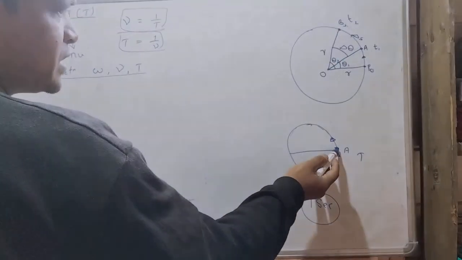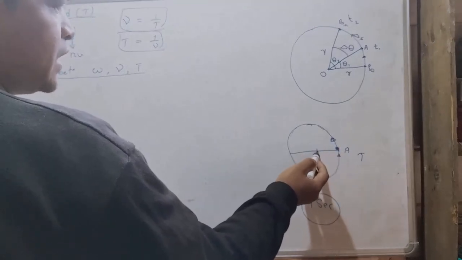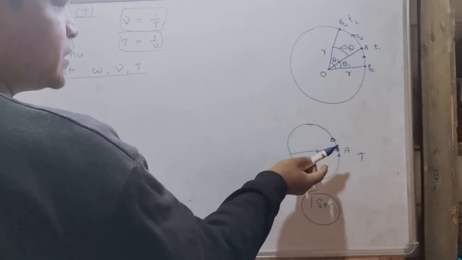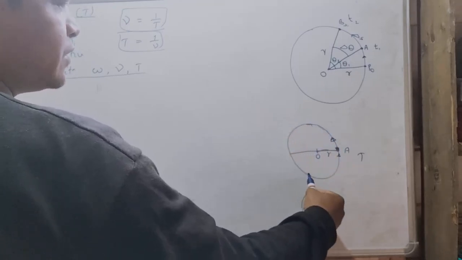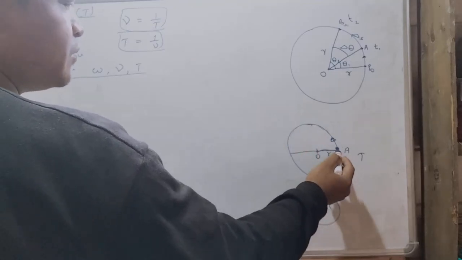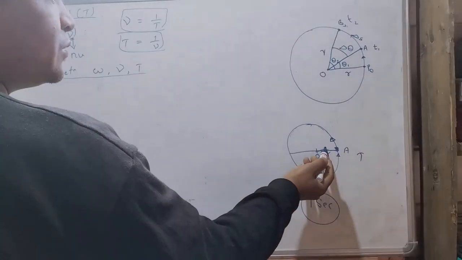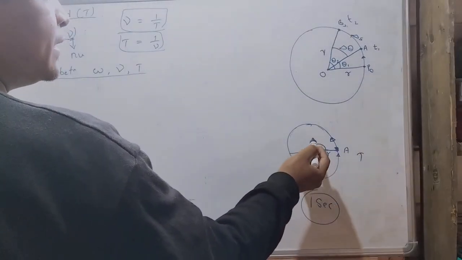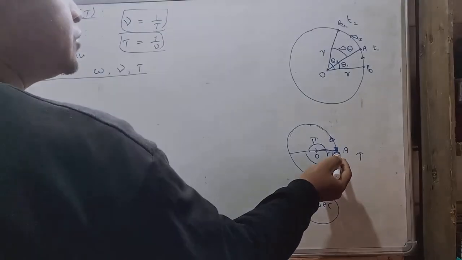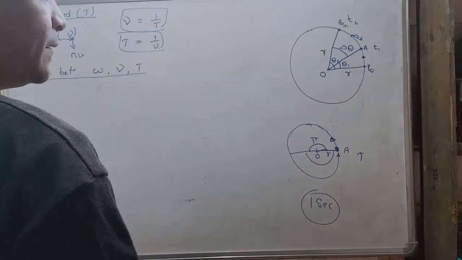If the particle starts from point A, with this as the center, as it revolves, the radius r rotates. When the radius comes back to this point, it has covered an angle. From here to here, the angle is pi, and the next half is also pi. So the complete angle in one revolution is 2 pi.